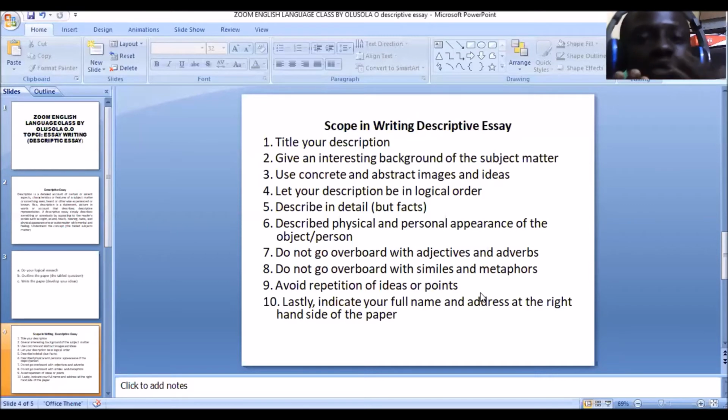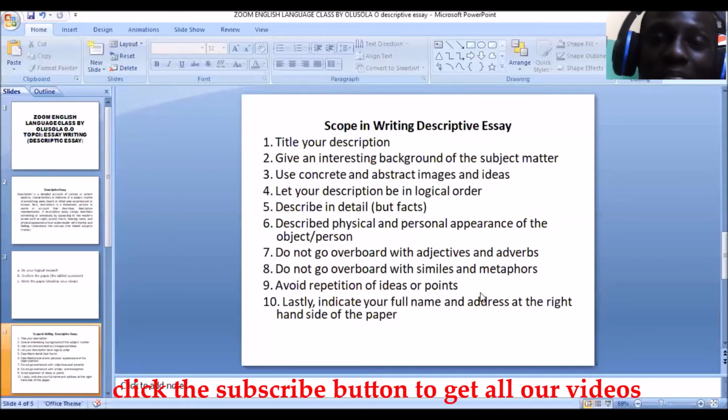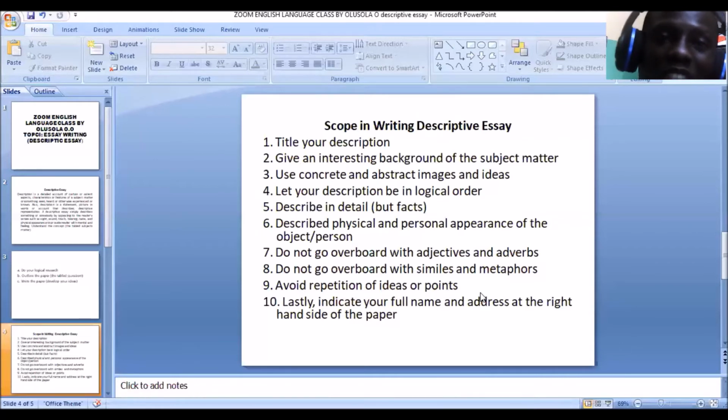So if you are asked to describe your best friend, you must give an interesting background about your best friend. You tell the reader or the examiner his or her background, the family he or she came from, his full name, the location, and all, before now talking about the physical appearance of your friend.